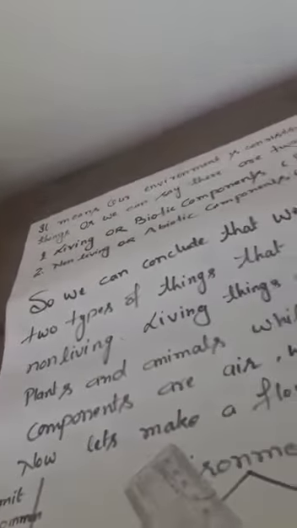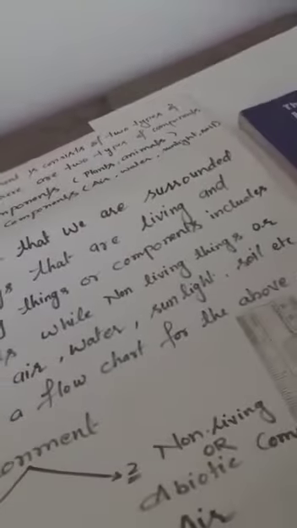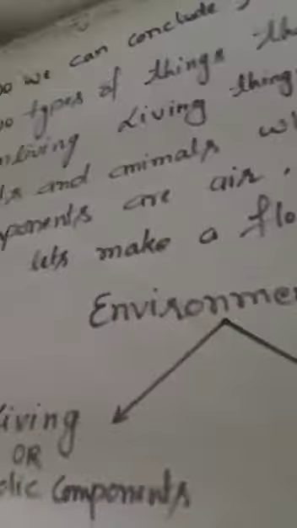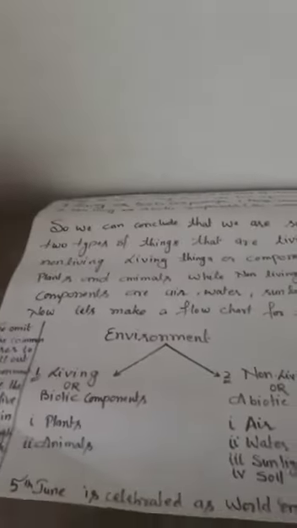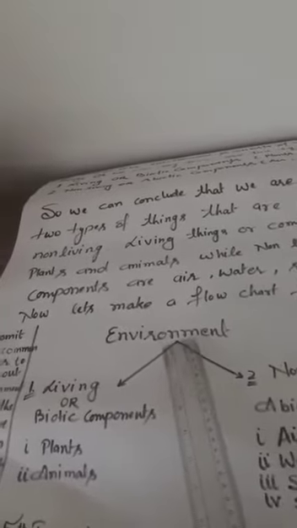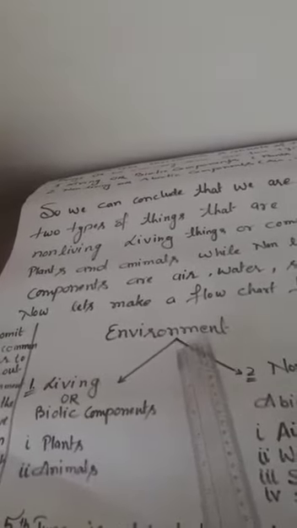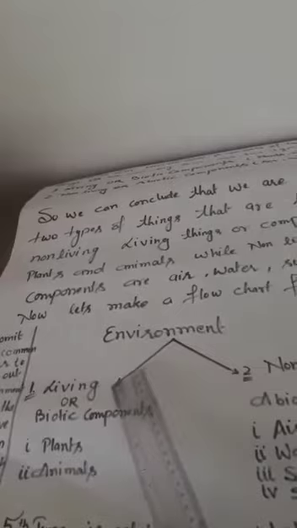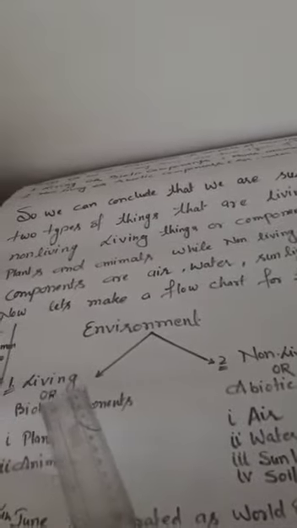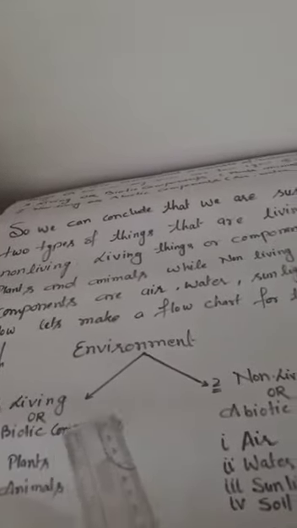Here, let's make a flow chart for the above content. A flow chart is also made by me. See here. First of all, I wrote environment. Environment has two components. This is the first one, this is the second one. What is first? Living or biotic component.